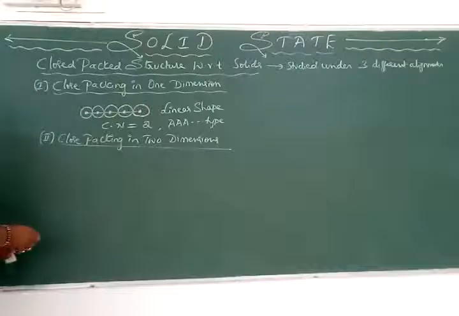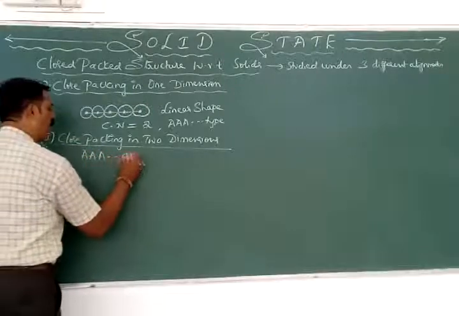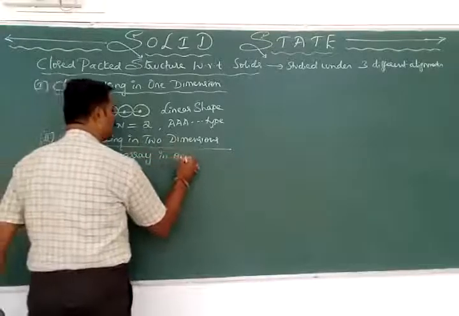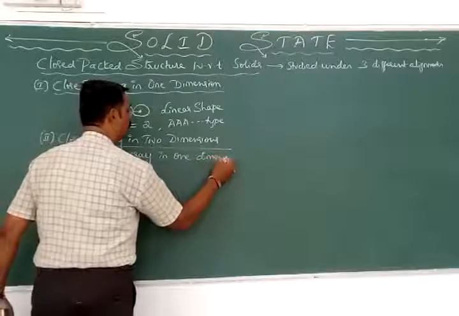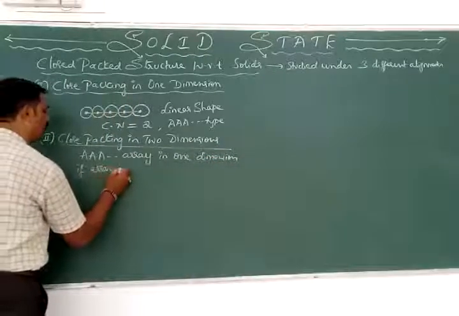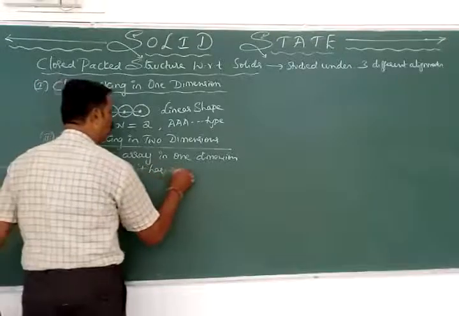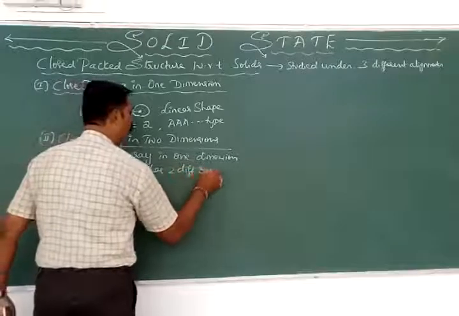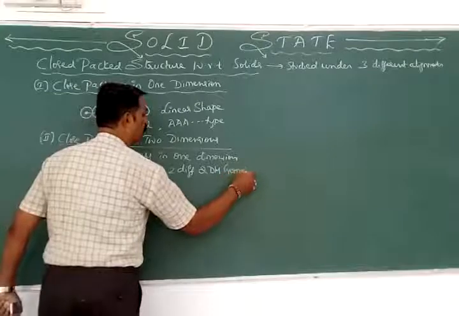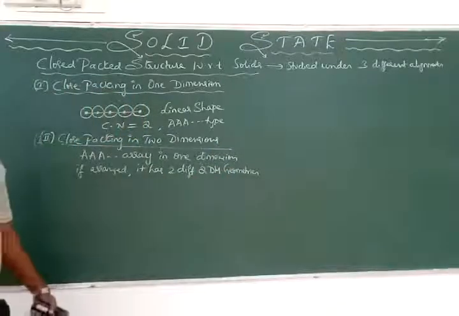So here, the AAA arrangement in one dimension, if arranged, has two different two-dimensional geometries. What geometries are we having? The two different geometries.